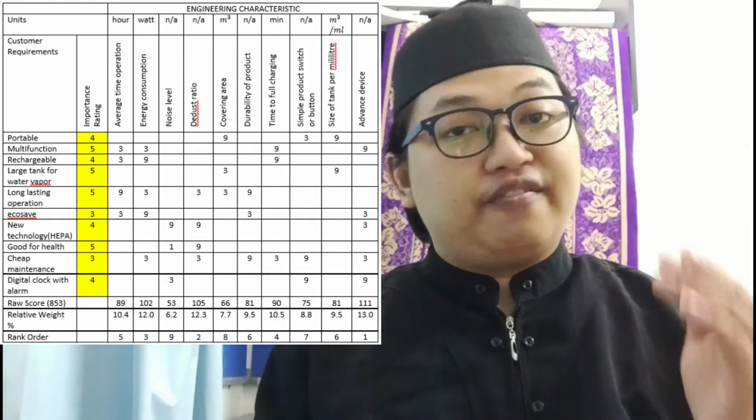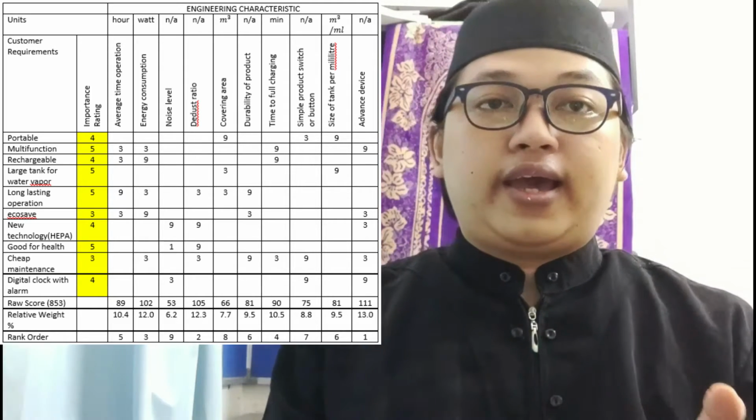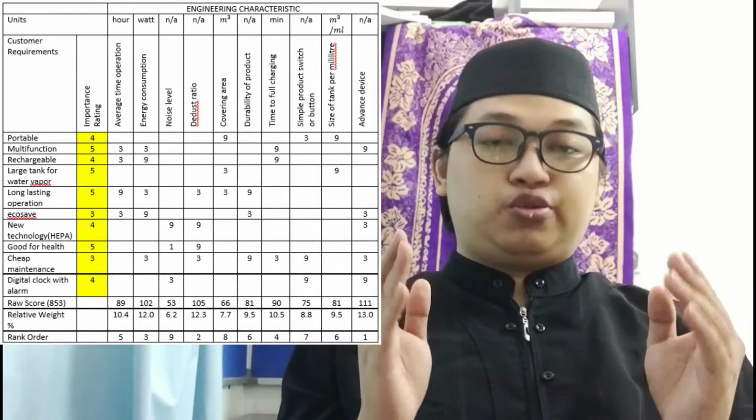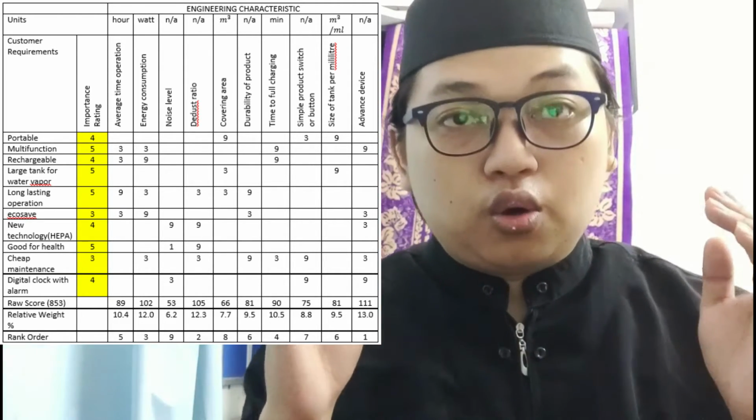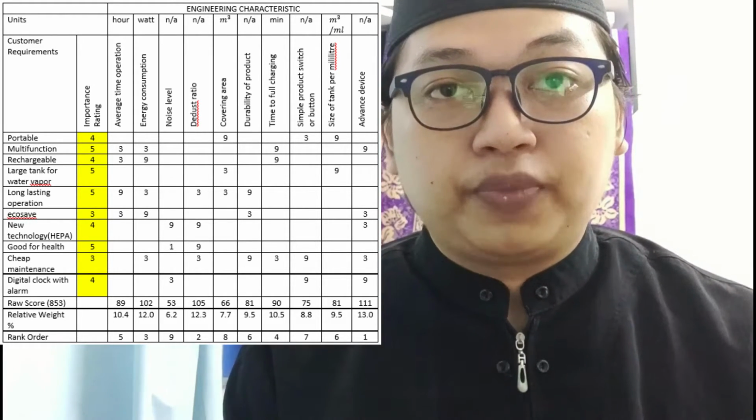And with also a several list of engineering characteristics that we will put in the house of quality diagram. In the house of quality, we can compare the product performance characteristics. For the diagram, what we got is the air-bound device is most important, followed by the dust ratio, which is one of the important parts in an air humidifier.